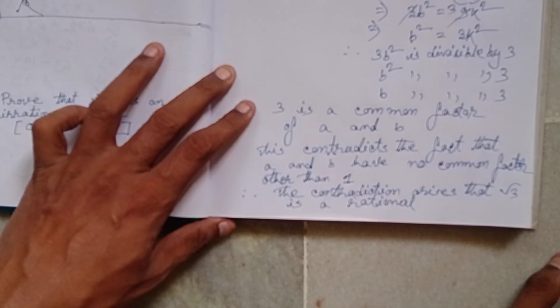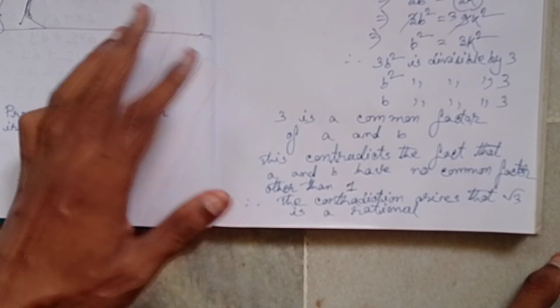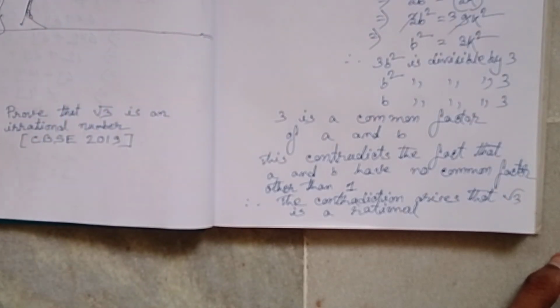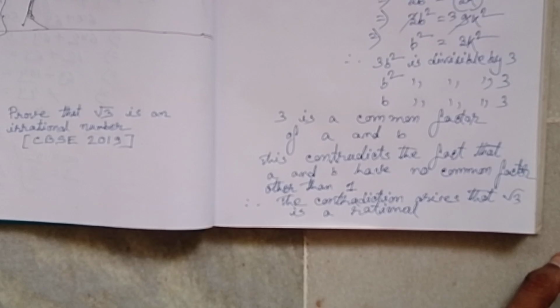Primarily, we have assumed root 3 to be a by b because every rational number can be represented like a by b, when a and b are co-prime to each other and b is not equal to 0. But what we have seen is that 3 is another common factor of a and b. So, other than 1, we have another factor 3.